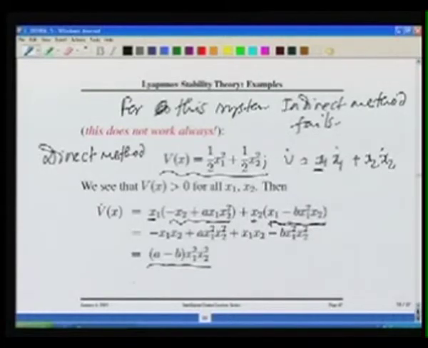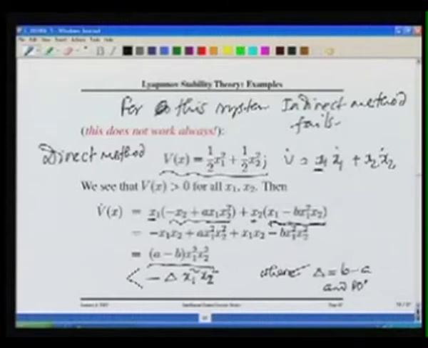So, you can easily see that this is negative, minus delta square, where delta is b minus a and positive.